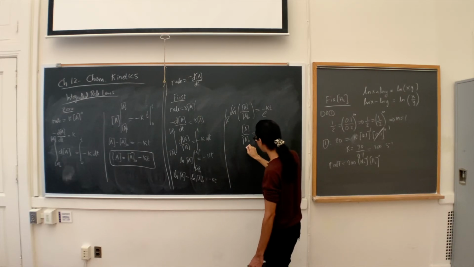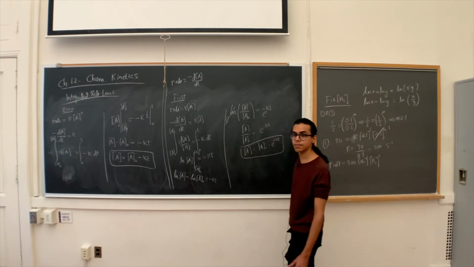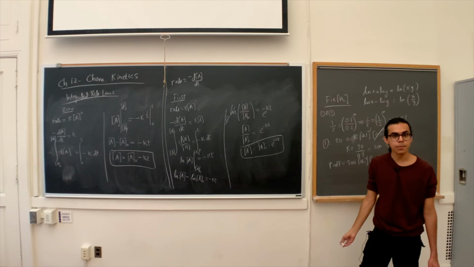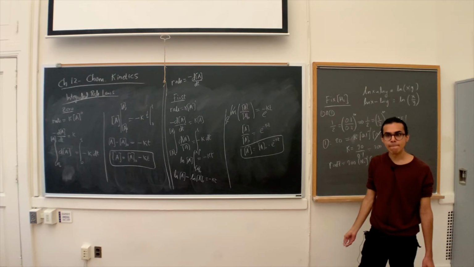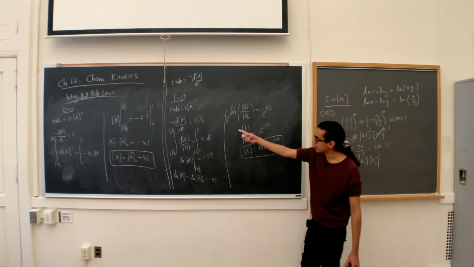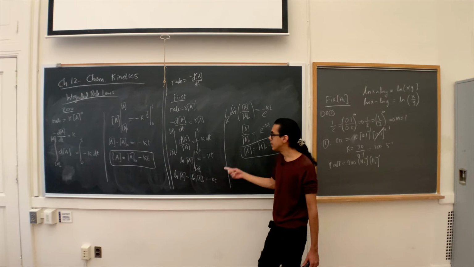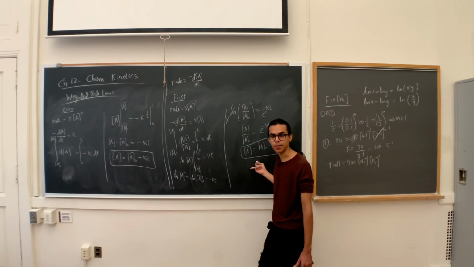And so if I just move the a naught over, I have a equals a naught times e to the minus kt. Good? So the hard part ended here with integration. This was just rearranging it to solve for a.